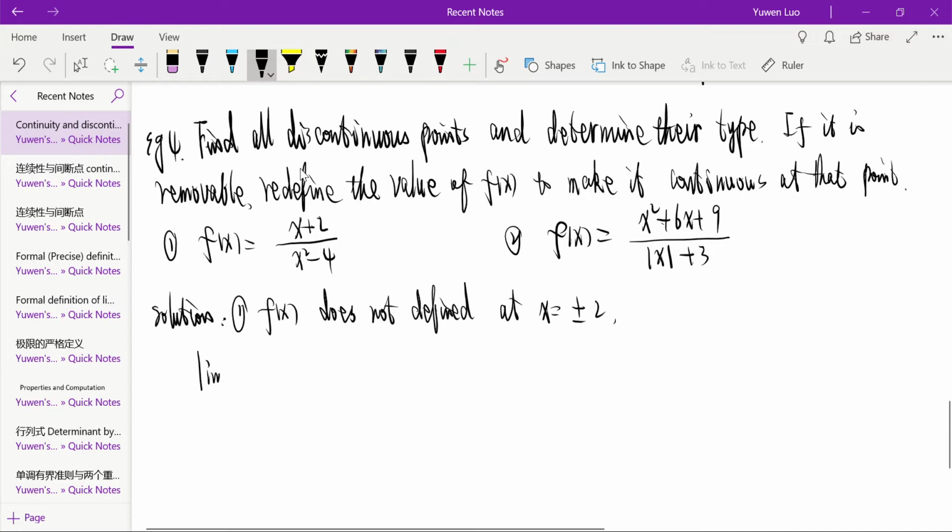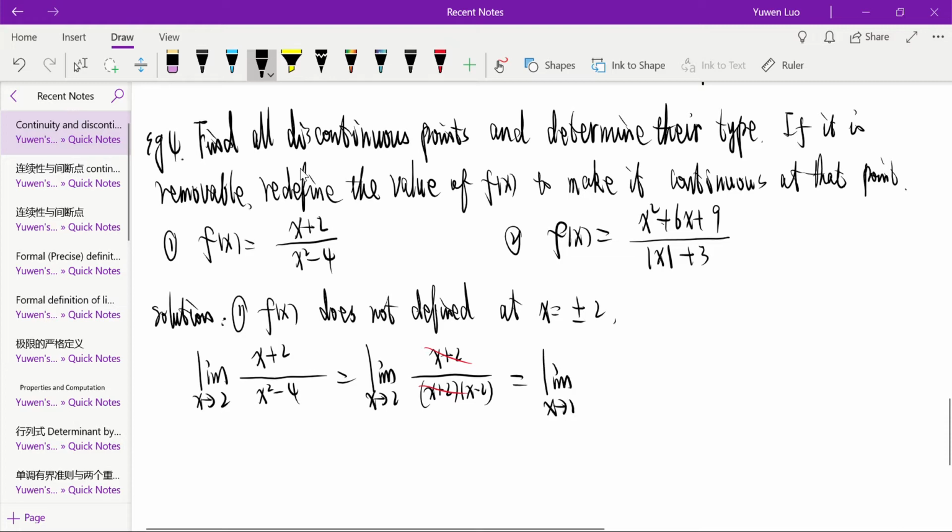For x equals 2, the limit as x tends to 2 of (x plus 2) over (x squared minus 4) is (x plus 2) over (x plus 2)(x minus 2). We cancel the common factor, then the limit becomes 1 over (x minus 2).